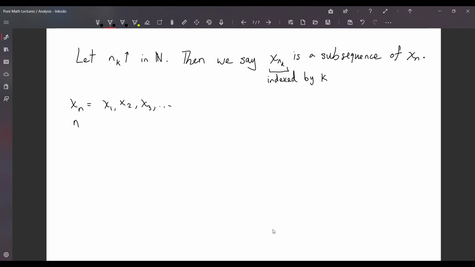And then suppose n sub k is like 1, 2, 4, 8, like powers of 2, for example. Then x sub n sub k is going to be x sub 1, x sub 2, x sub 4, x sub 8, and so on. Or you can write this as x sub n sub 1, x sub n sub 2, and so on, because we know this is n sub 1, n sub 2, n sub 3, and so on.